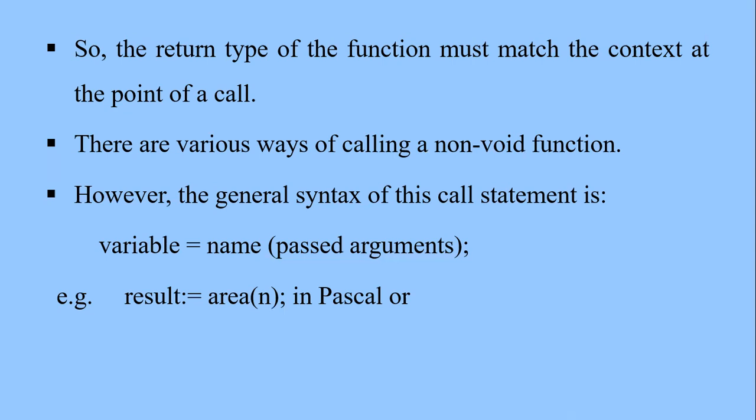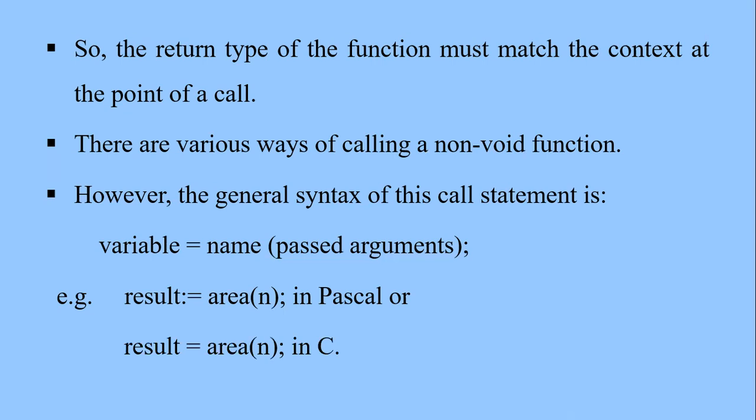It will do certain processing, execute a certain number of statements, and then return a value. That value will be brought back and assigned to the memory location called result.